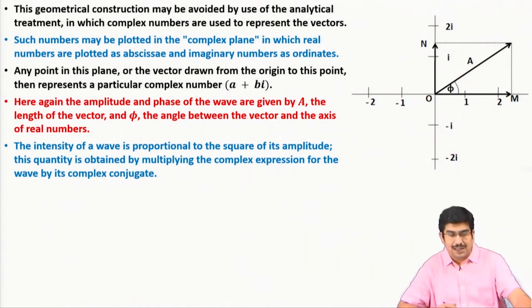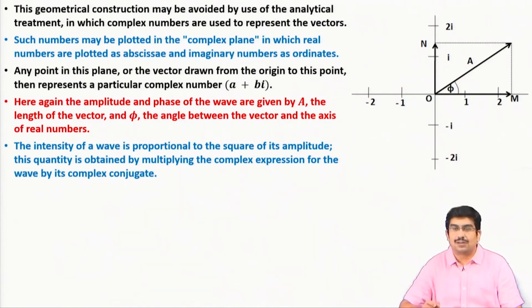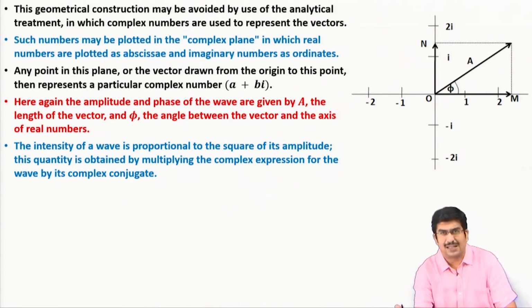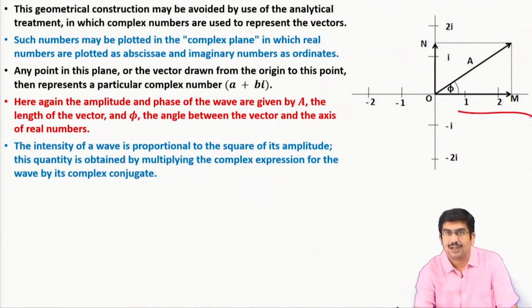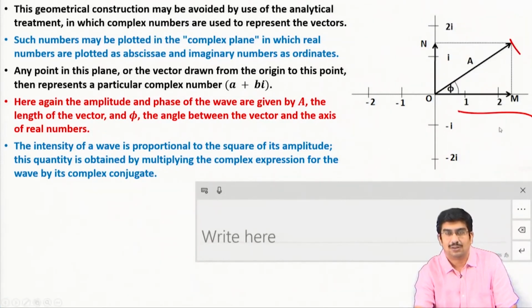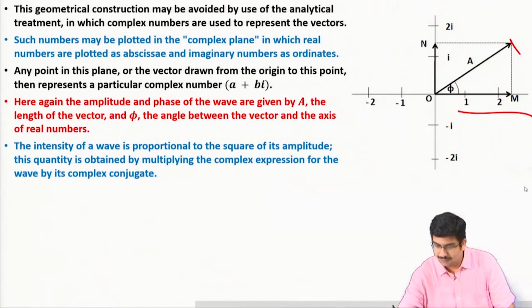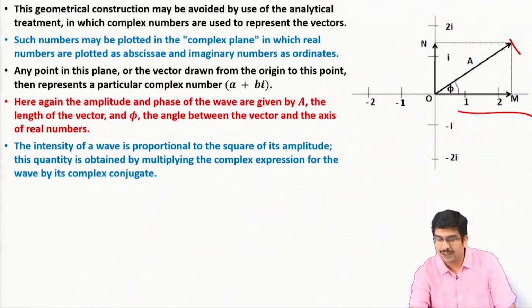Complex numbers, as we know, are plotted in the same way as vectors. We can plot them in the complex plane, where the amplitude is represented by this length, and the angle it makes with the real axis.